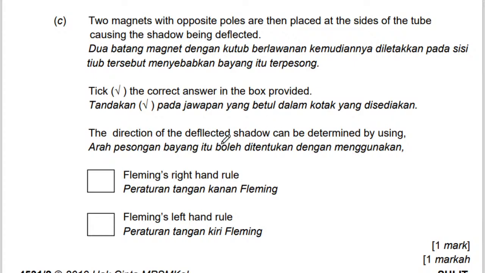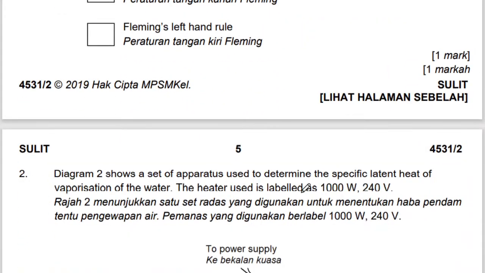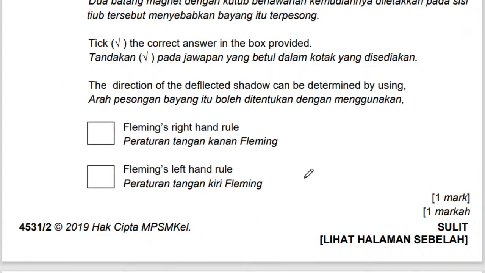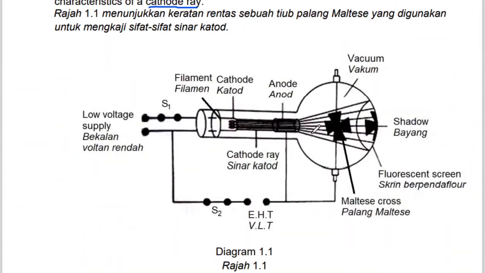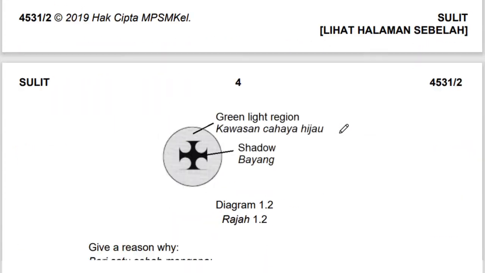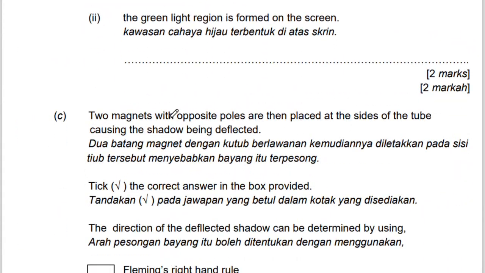The direction of the deflection of the shadow can be determined by using... If you bring a magnet, here they said 2 magnets. Actually, if you bring only 1 magnet, you will also see the effect. Since they put 2 magnets it can be accepted, but the effect can be seen with 1 magnet.